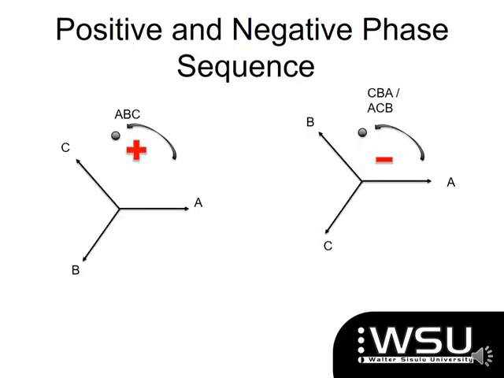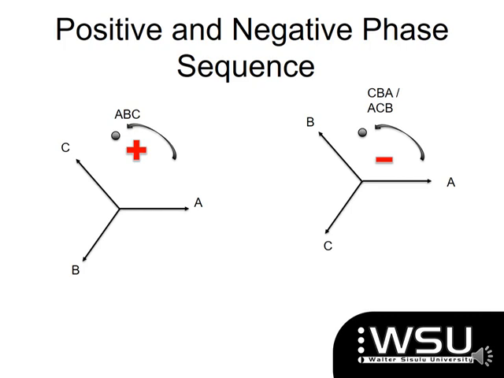Then we talk about your positive and your negative phase sequences for the first time. So on our left-hand side, we have what we call our positive phase sequence. How do I know it's a positive? Number one, it gets named as ABC, which is another name for a positive phase sequence. So for me to be sure that when I do my drawings, I'm really on a positive phase sequence, I must look at this little dot that you must always draw for yourself and put in a big plus sign like I've done, the red plus sign.